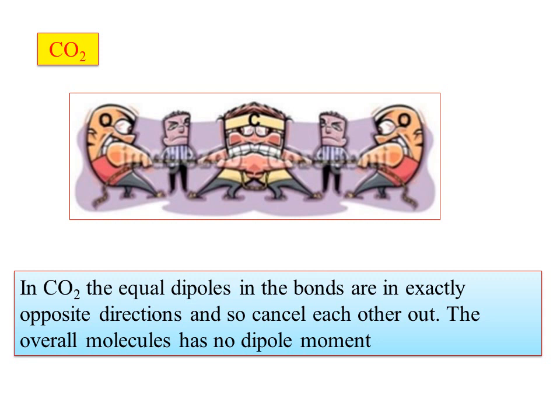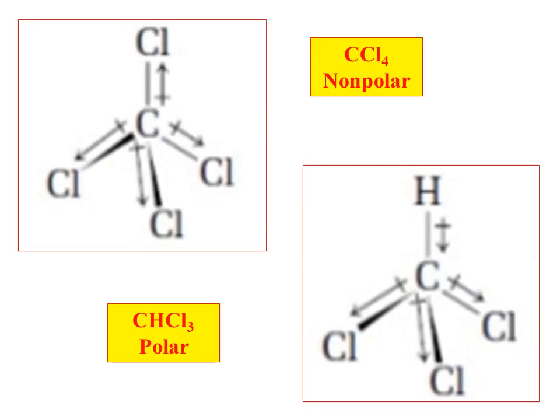Because of this large difference, a partial ionic character develops in HCl. In comparison, two hydrogens have the same electronegativity, so the dipole moment is zero. Similarly, in carbon tetrafluoride, the carbon is at the center and the bonds are directed in 4 different directions. Therefore, the net dipole moment is 0.